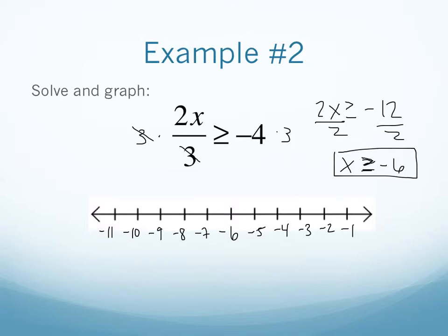So it's greater than or equal to. So this is saying x is negative 6 or bigger, but it can be negative 6. This time when I graph, I put a closed circle. And then the bigger side is towards the x. That means x is bigger, x is greater. So it's going to be everything to the right, everything greater than negative 6.